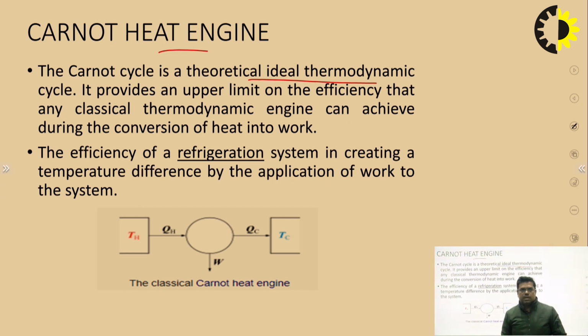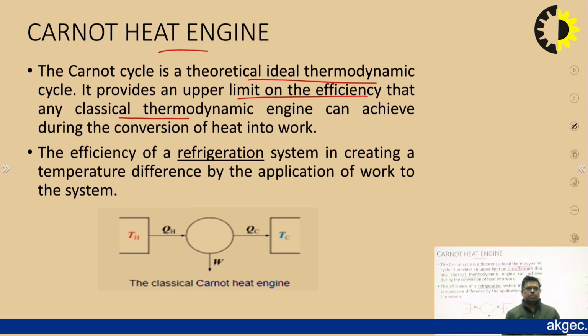According to Carnot, this is the upper limit of efficiency compared to any classical thermodynamic engine. So the maximum efficiency of any cycle is that of the Carnot heat engine cycle. For any cycle, we compare its efficiency with respect to the Carnot heat engine cycle. That's why this is not a practical cycle basically.